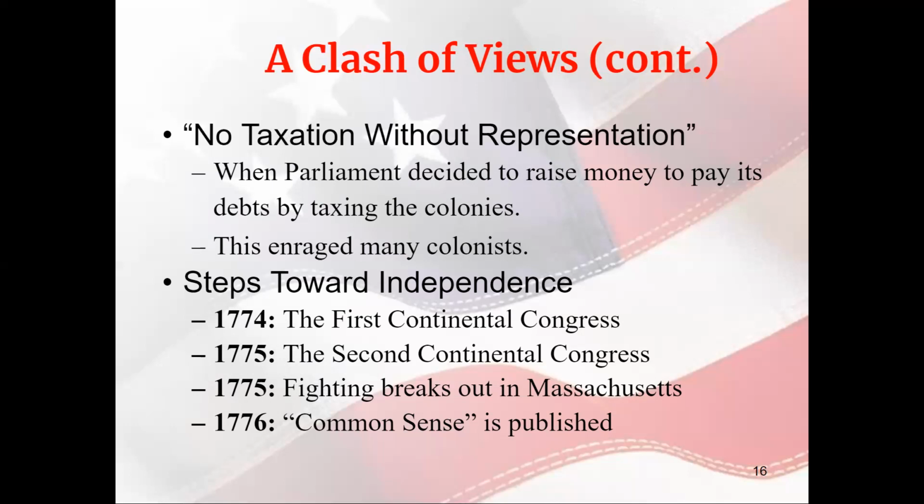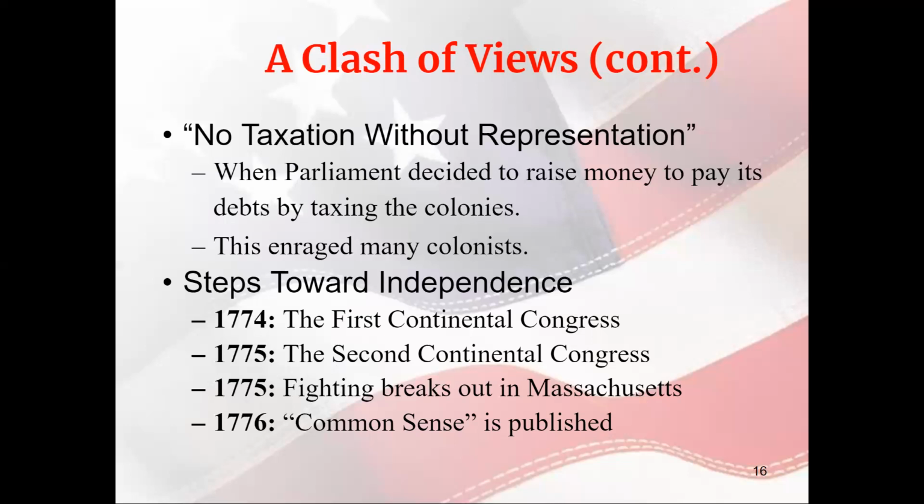Representatives from 12 of the colonies came together in hopes that they could voice their concerns to England. Do you think progress was made? Do you think England listened to them? No.